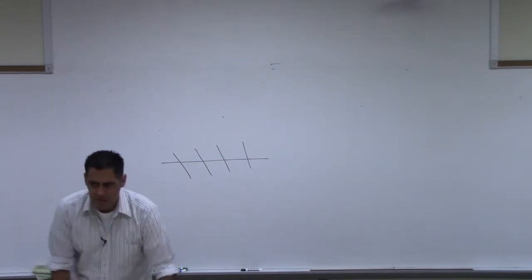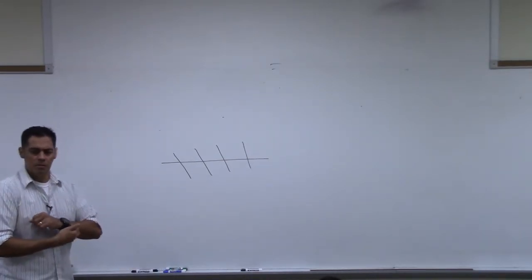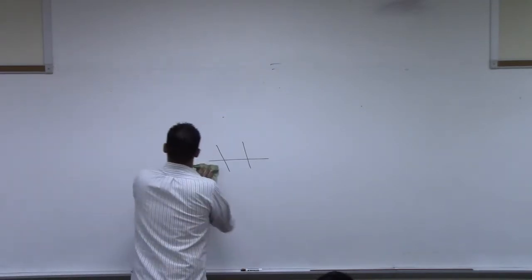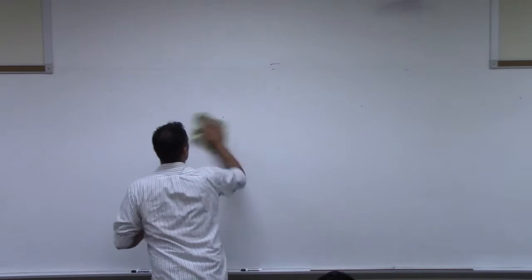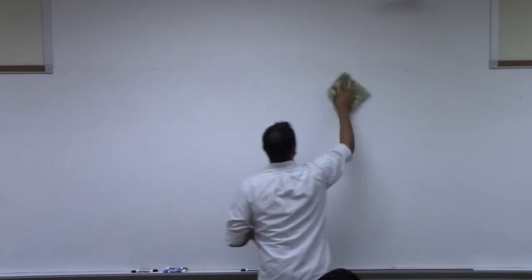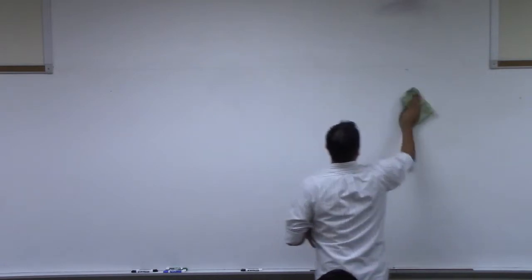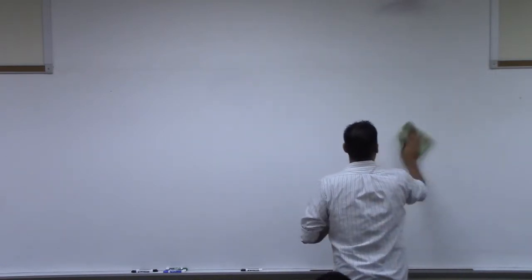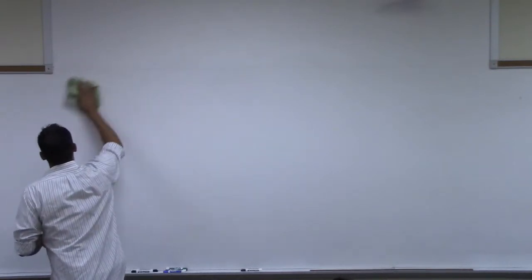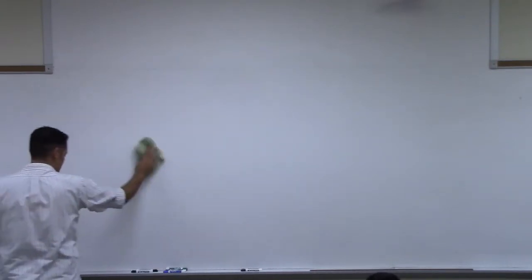That means next class I'll have some sort of review, okay? There is a chance we might push the exam one day, but we'll see. Let's just see how things go here.